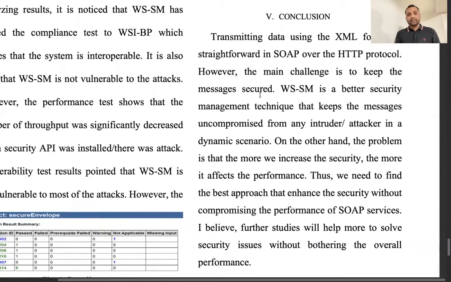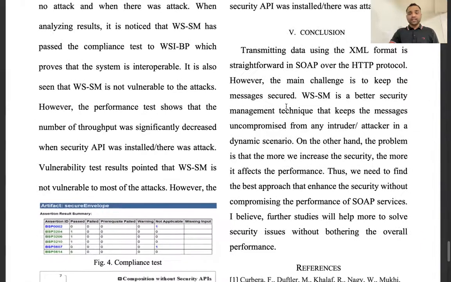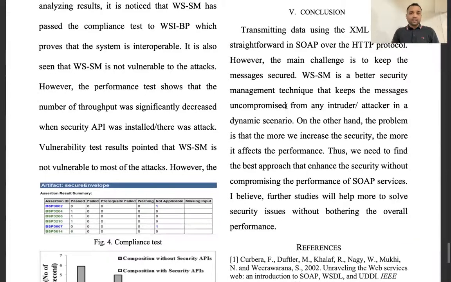we can say that the transmitting of SOAP messages is pretty straightforward, and it is supportive. It uses the most advanced technologies of XML and HTTP, which are the current advanced technologies. So transmitting the SOAP message is pretty straightforward and convenient.